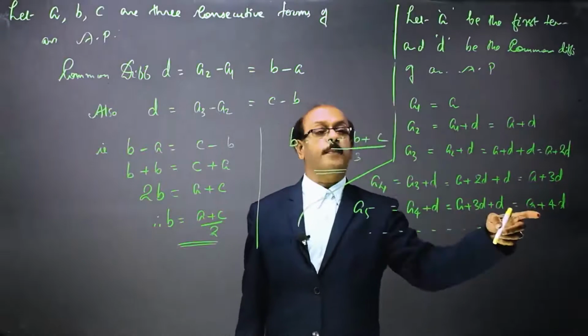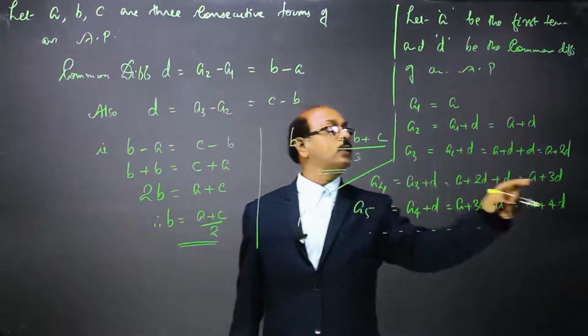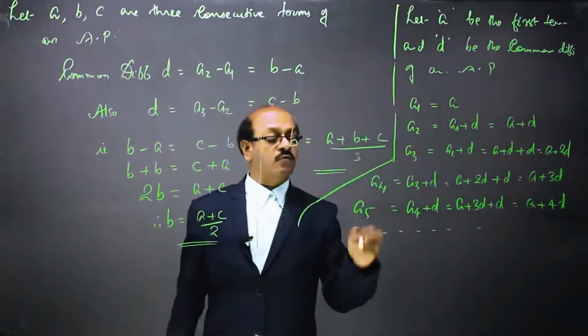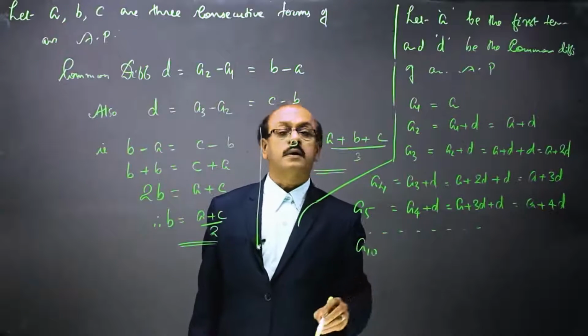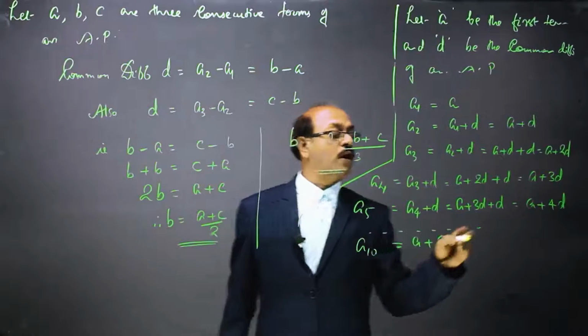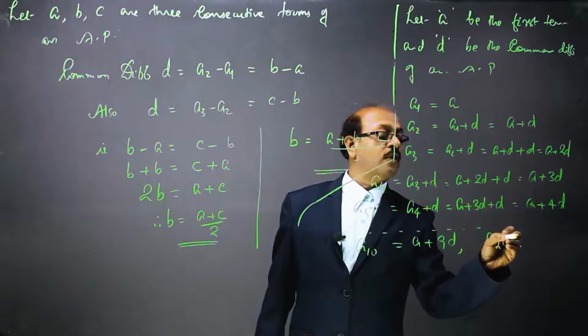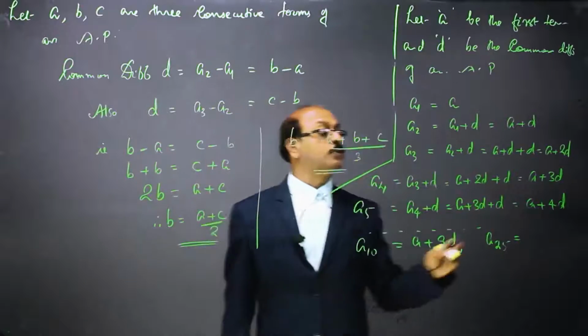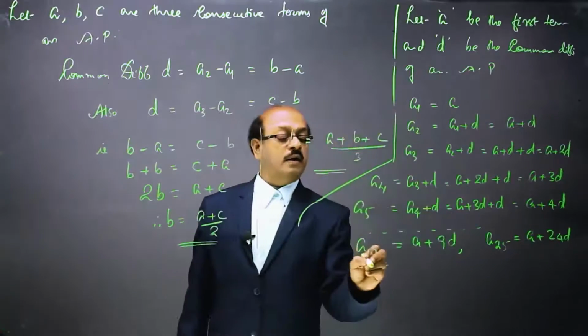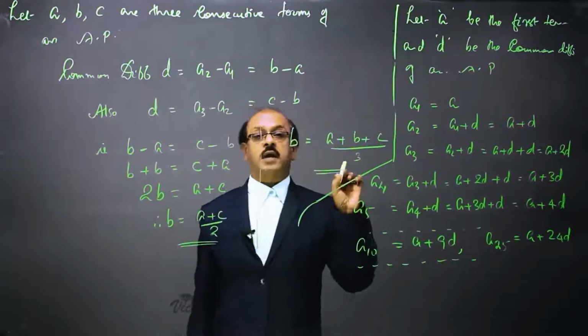A5 is equal to A plus 4D, A4 is equal to A plus 3D, A3 is equal to A plus 2D, then what will be the 10th term? A10 will be A plus 9D. What will be A25? The 25th term is equal to A plus 24D. Then we are obtaining a general form.